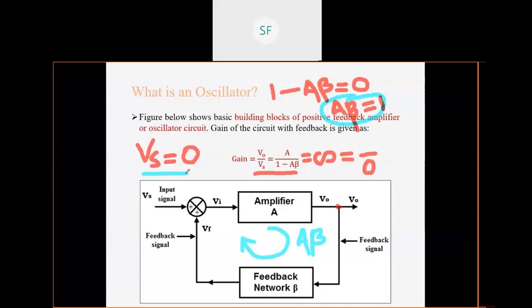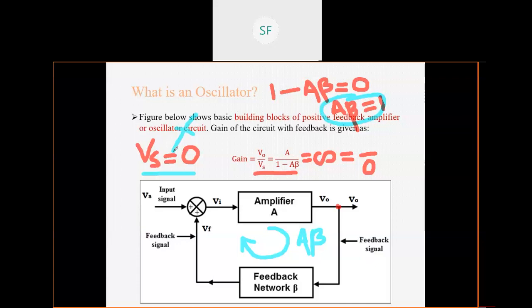What we have done is analyzed this particular case. What happens when A into beta becomes equal to 1? Your circuit does not require any kind of input. From the first slide we stated that an oscillator will not have any input.